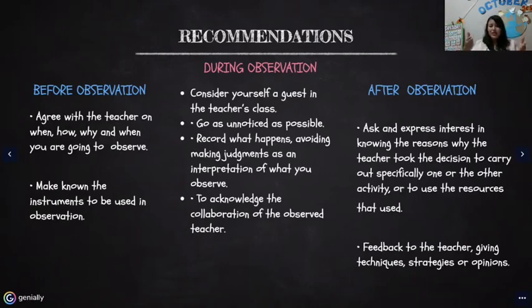As you observe, you need to give feedback at the end, okay? Because the purpose is to improve the teaching process, with more quality, but if you don't give feedback, the teacher, yes, you observe the teacher, but the teacher doesn't know what the purpose was.